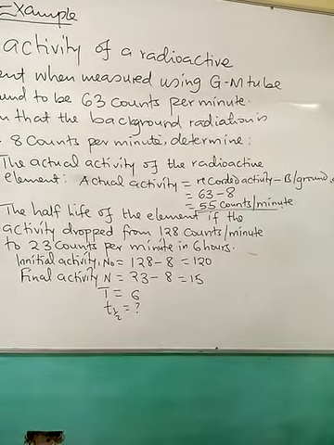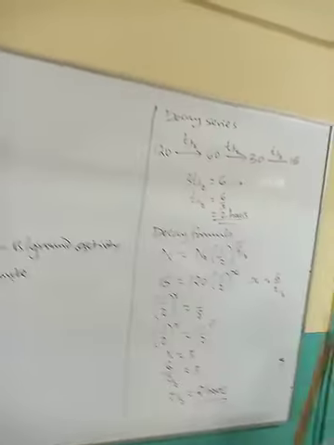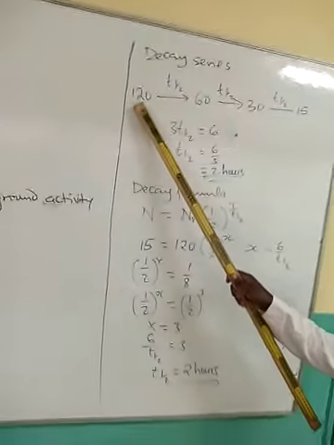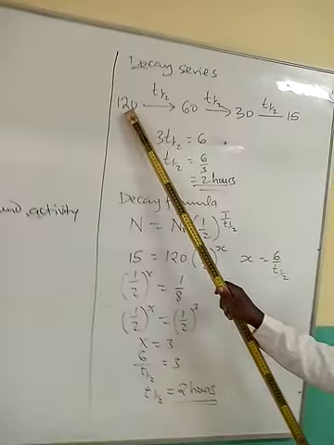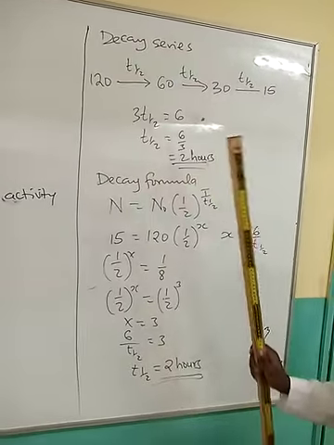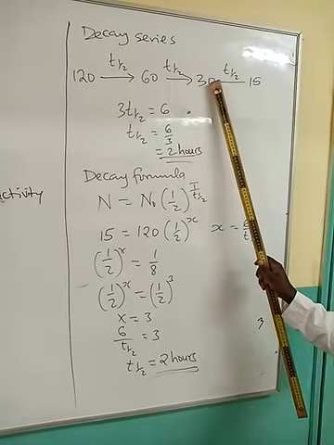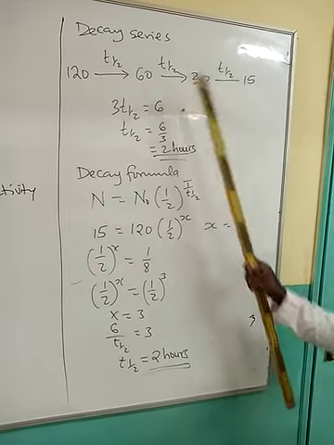So we can do this using two methods we've talked about, that is the decay series. So with the decay series, we start from 120. For 120 to reduce by half, it means to become 60. So the time taken to move from 120 to 60 is 1 half-life. Then 60 reduced by half will become 30. So the time taken to reach that 30 is 1 half-life.